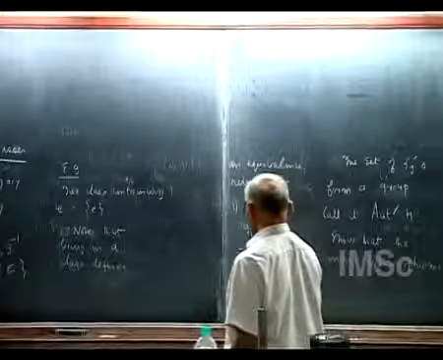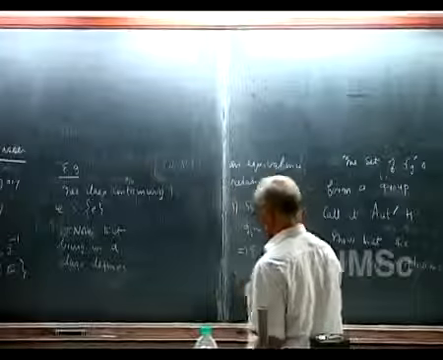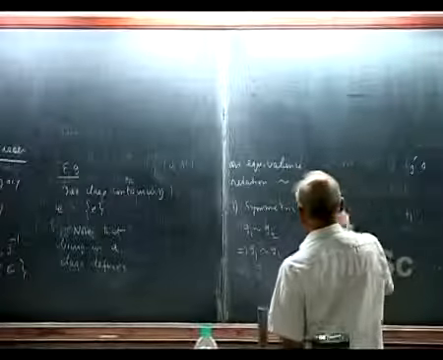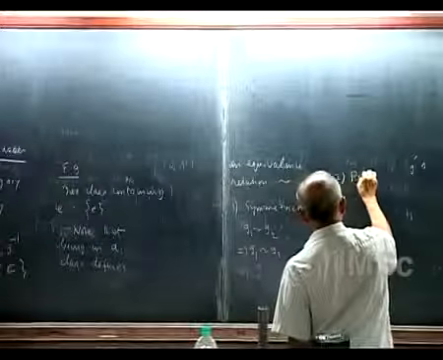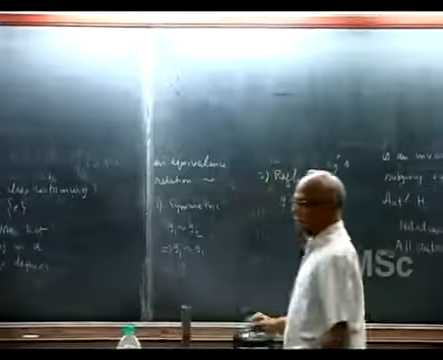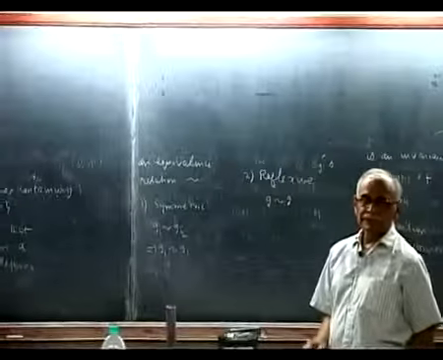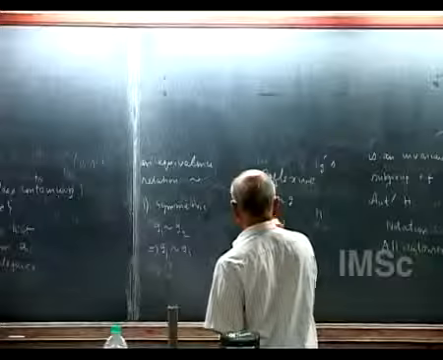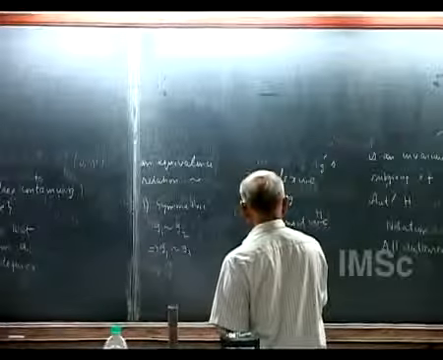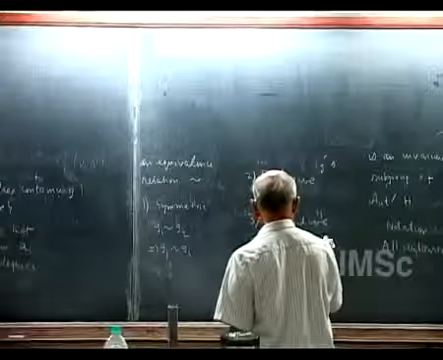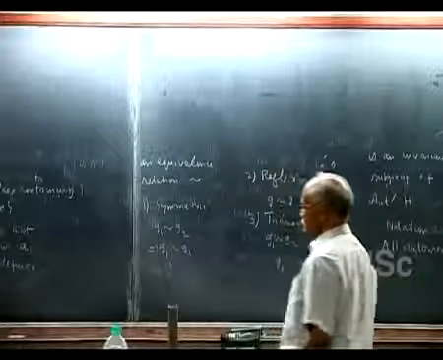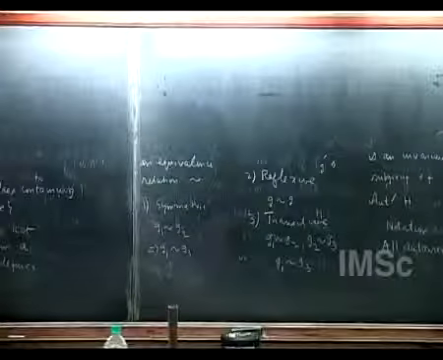Second, it is reflexive. That means g is equivalent to itself, kind of trivial. And thirdly, it is transitive. If g1 is equivalent to g2 and g2 is equivalent to g3, then g1 is equivalent to g3. So, this is what is meant by an equivalence relation.